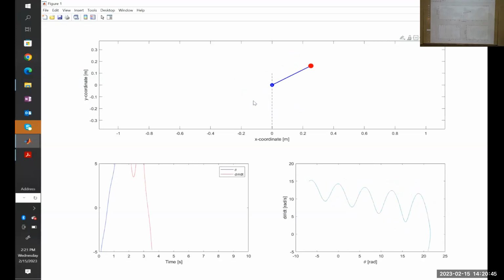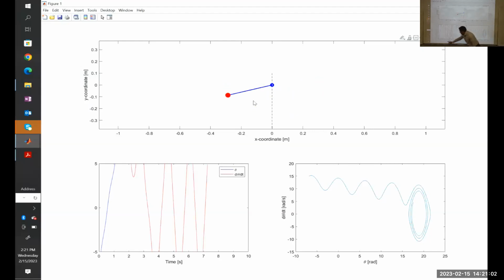Finally, it got stopped, and now the trajectory is being trapped by the stable focus, and the pendulum will be stable. It took almost 4 seconds for the pendulum to stop and be trapped by that stable focus, and the pendulum will be stabilized eventually at this point.